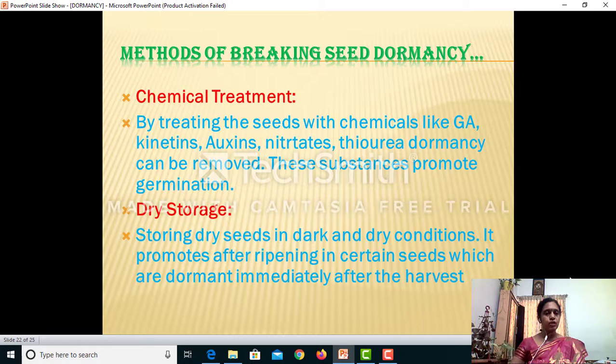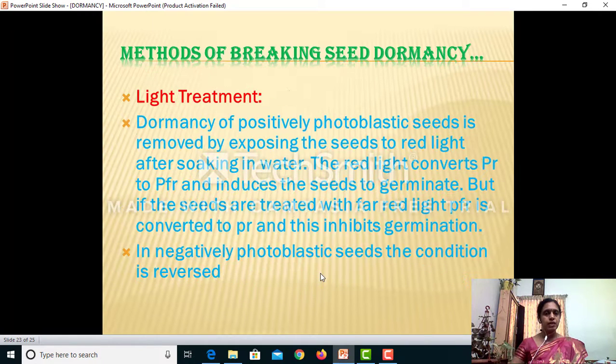So, the dry storage that we do in the warehouses is a very good method of breaking seed dormancy, because it provides an after-ripening period so that the embryo within the seed will undergo a period of maturity and can germinate.